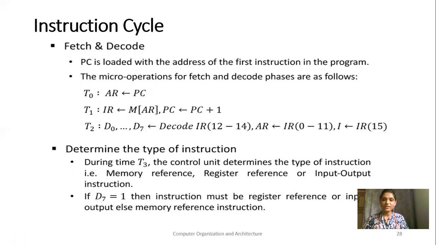So in the first timing signal you will store the program counter into the address register. In the second timing signal, that is your T1 timing signal, you will store the content of the address register to the instruction register, that is your instruction, and you will increment the program counter by 1. That is for your next instruction.